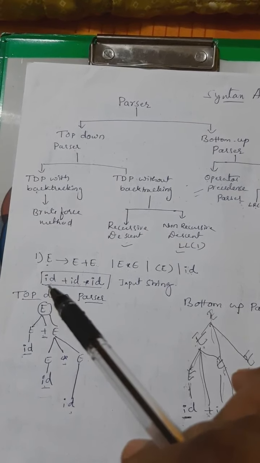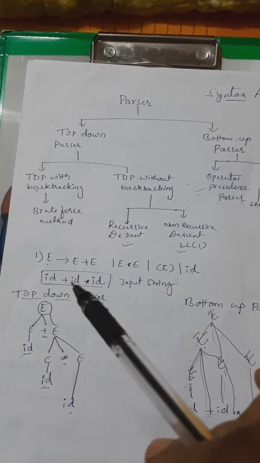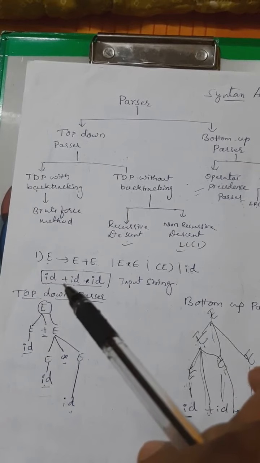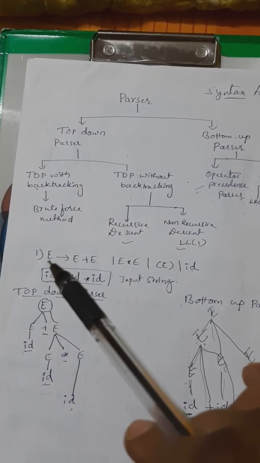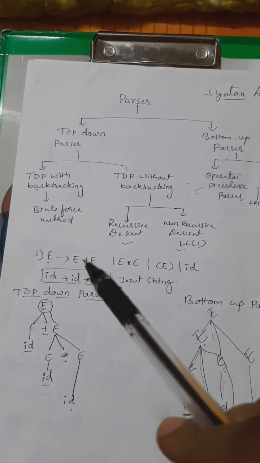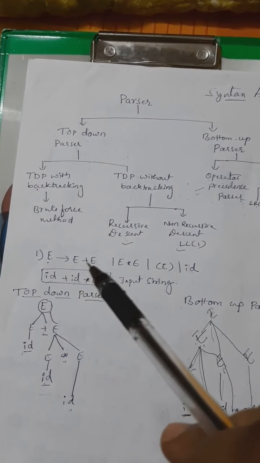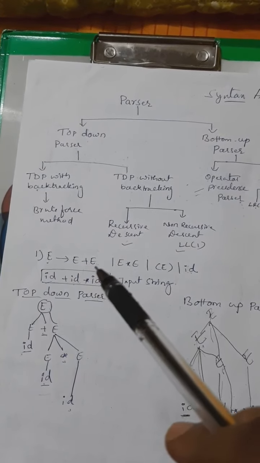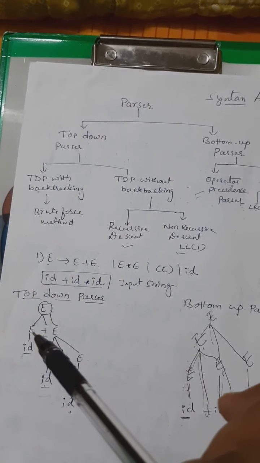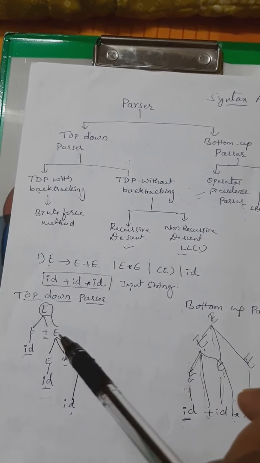What is the first operator in the given input string? That is plus. So I should substitute E in such a way that I get that operator. Which option should I select here? That is E plus E. So E can be substituted as E plus E.